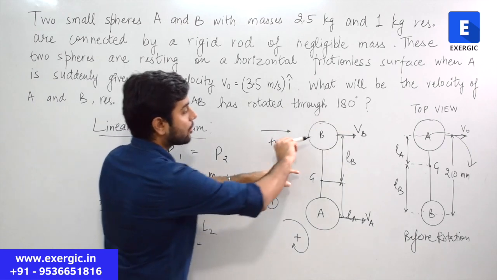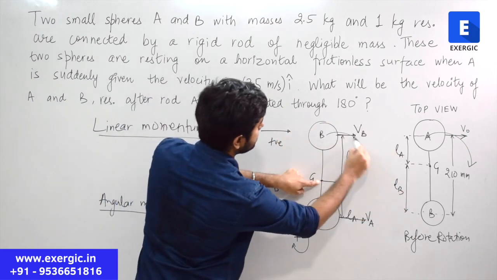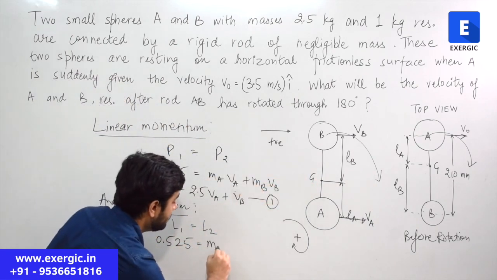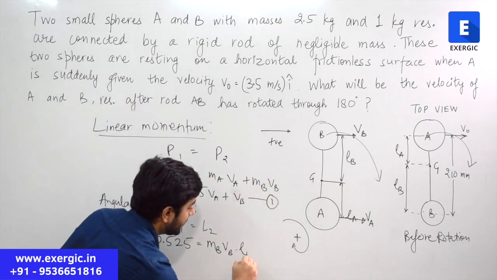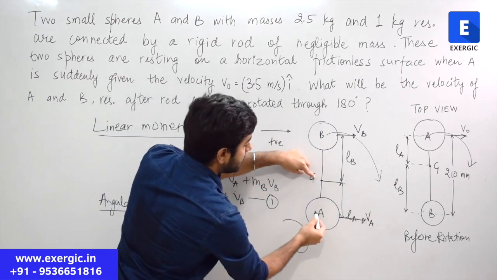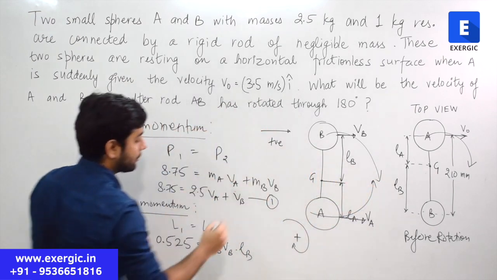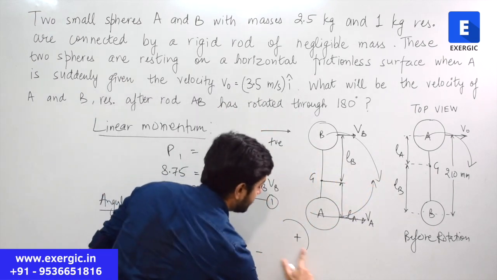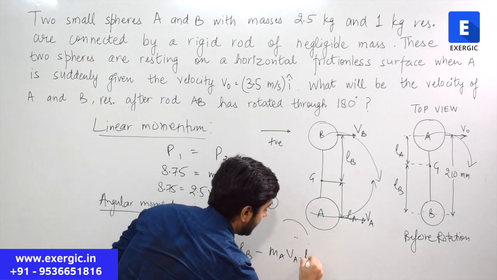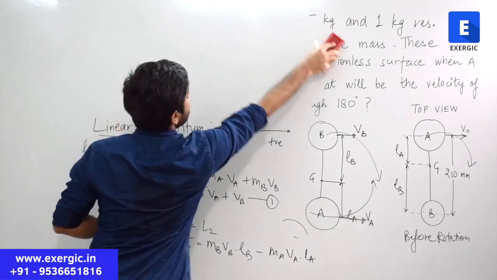VB is going clockwise about G. This is G. This is how it is going, clockwise. So it will be positive, means MB VB multiplied by LB. This part will be positive. And this velocity is counterclockwise about center of gravity, that will be negative, means minus of MA VA LA, right?